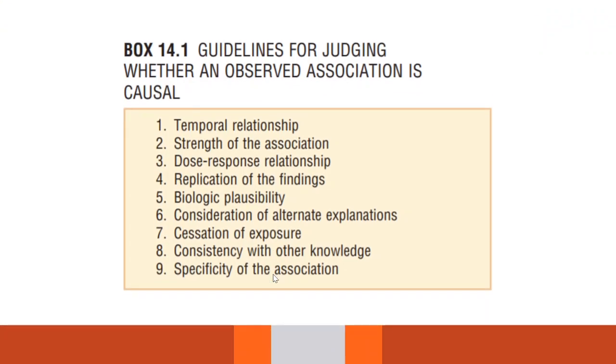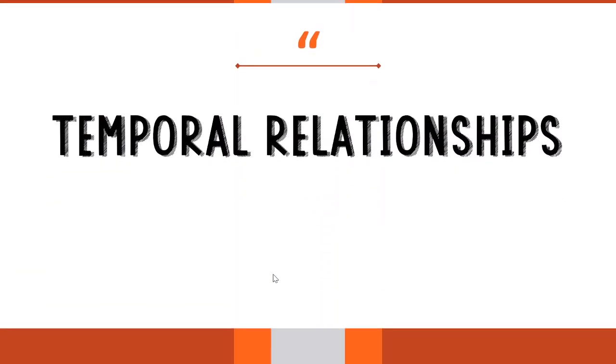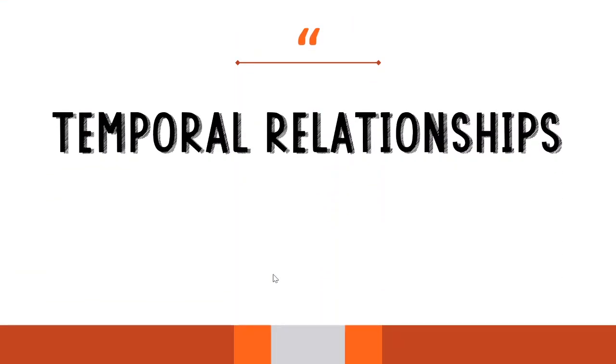So in order for us to judge or to really answer that question, we need to look at these 9 criteria in judging if your observed association is causal. So we'll discuss each of these, from your temporal relationship to the strength of your association until specificity of the association. So we will go through them one by one. Let us start with your temporal relationship.